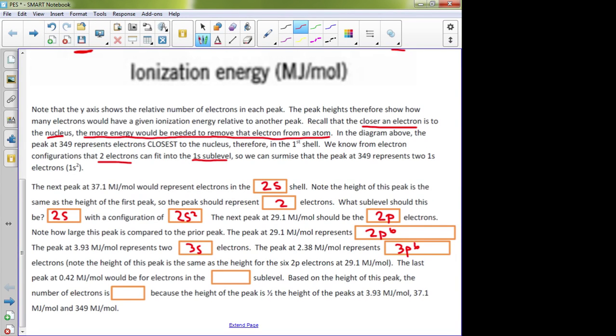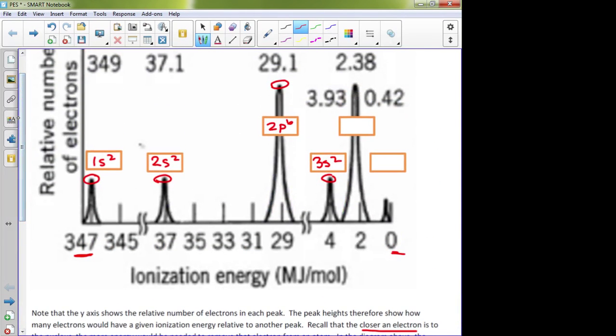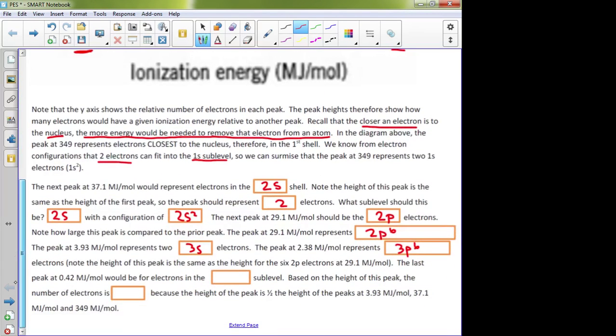Note, the height of this peak is the same as the height for the 6 2p electrons at 29.1 megajoules per mole, so I know this must be 3p6. The last peak at 0.42 megajoules per mole would be for electrons in the 4s sublevel, right?